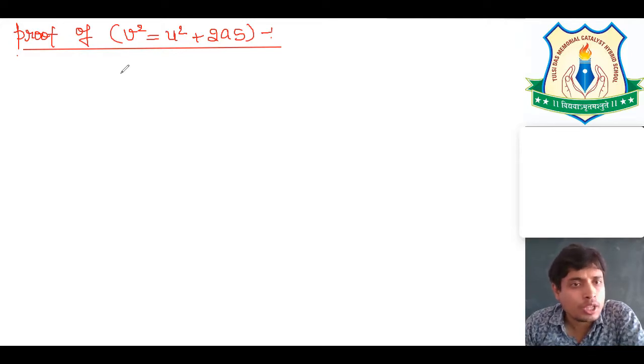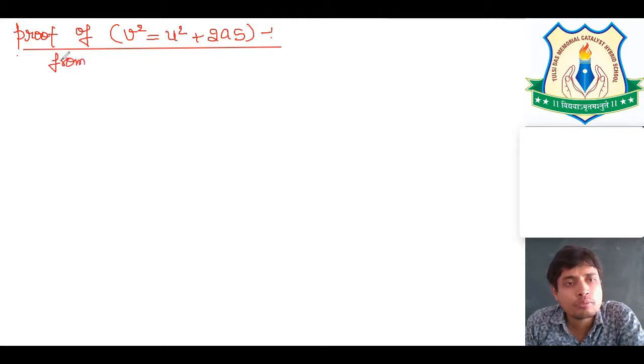We need to know one relation between the final velocity, initial velocity and acceleration. We know one equation, that is the first equation of motion.